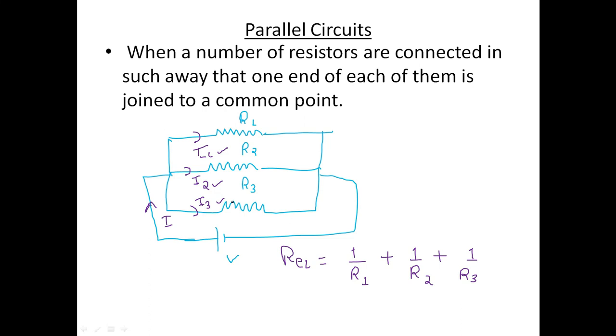The voltage is the same across the circuit. This one is also V, this one is also V, and this one is also V. So in a parallel circuit the voltage remains the same, whereas the current is different. Whereas in a series circuit the current remains the same and the voltage is different. So this is the basic difference between a series circuit and a parallel circuit.